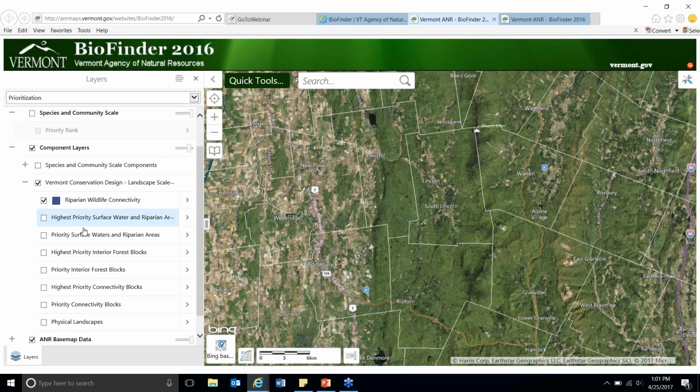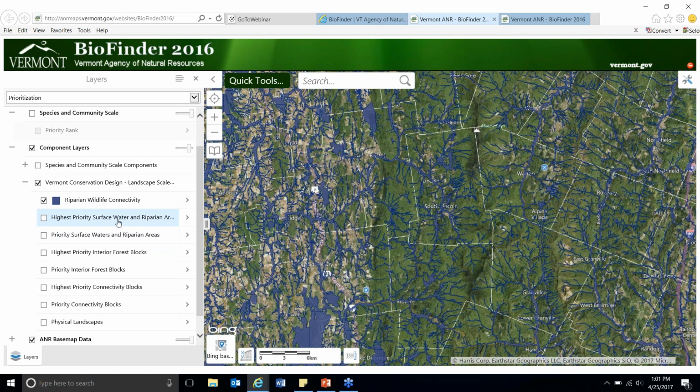Now, I'll give you a little warning here that you'll notice it took just a moment to appear. That wasn't amazingly slow, but I will say that the BioFinder server, the more people who are using it at once, the slower we get information. Most of the time when you're using this at home across the state, there's only a handful of people who tend to use it at the same time.